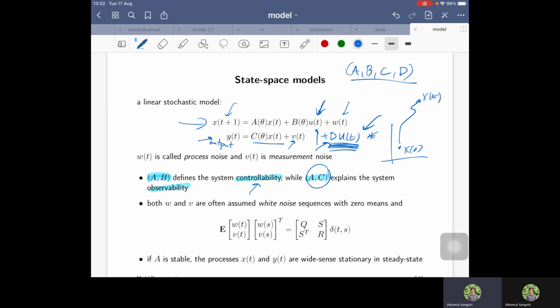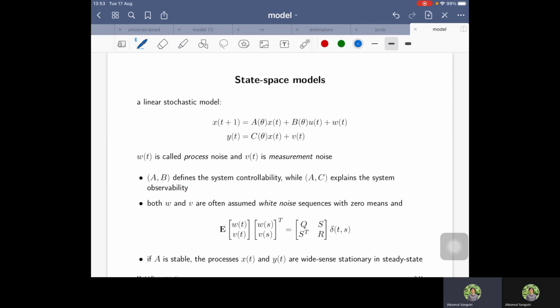Observability is a problem where you would like to examine whether, if you just observe the output, you can always estimate the initial condition or not. If you can do that, we say the system is observable. And that property can be examined from the pair of these system matrices.